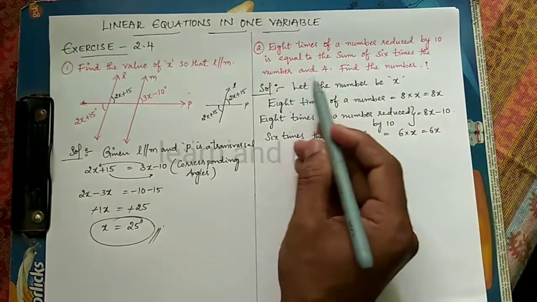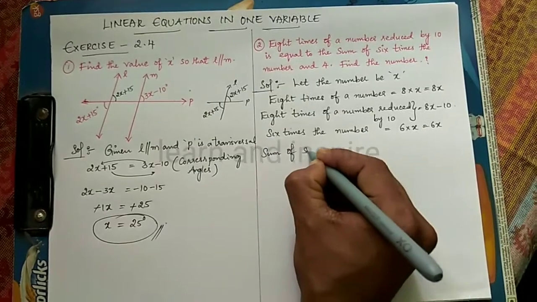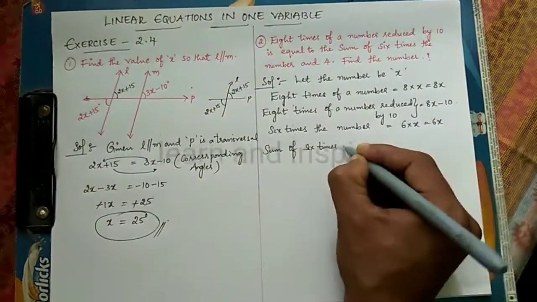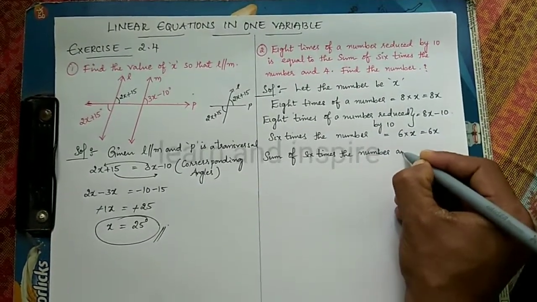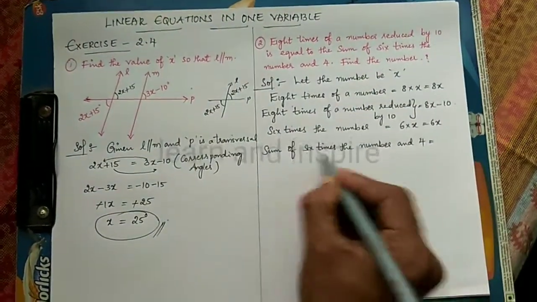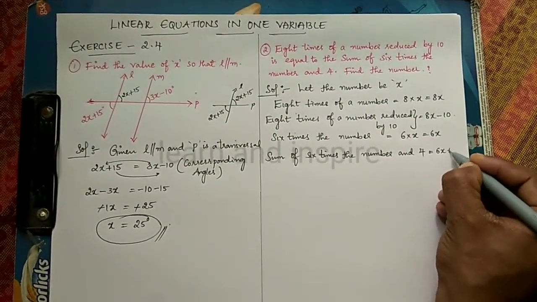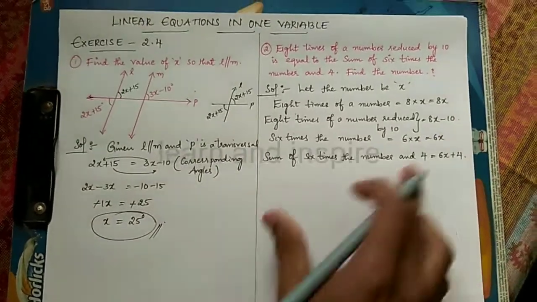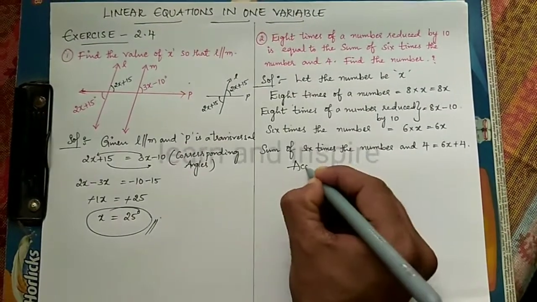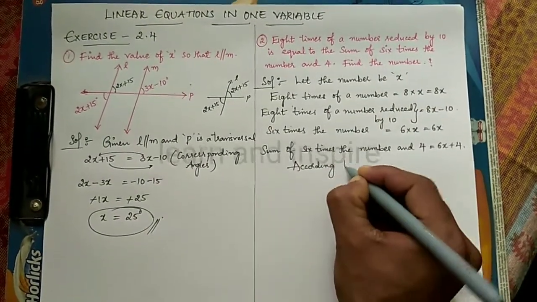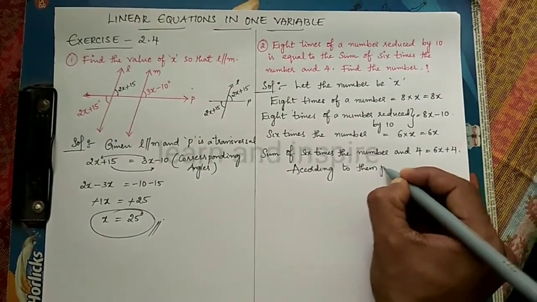Sum of 6 times the number and 4 means 4 is added, that is 6x plus 4. So this is the statement given in the question. Now according to the problem, we write the equation.